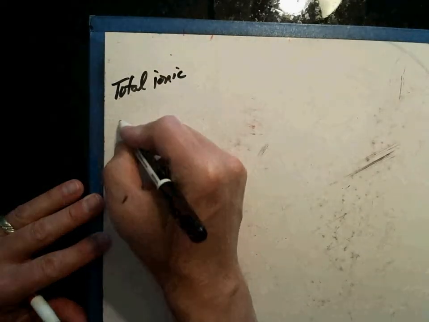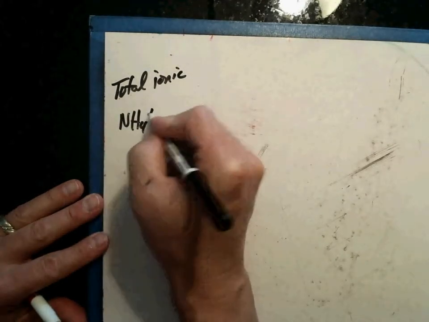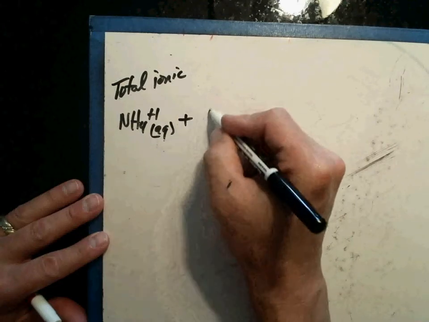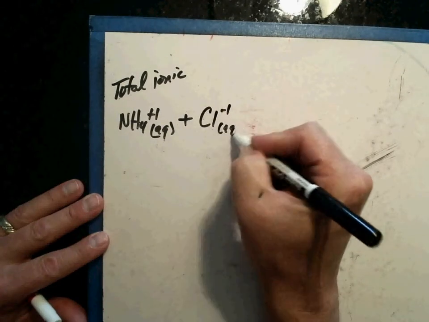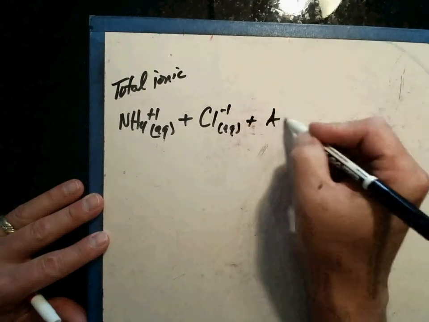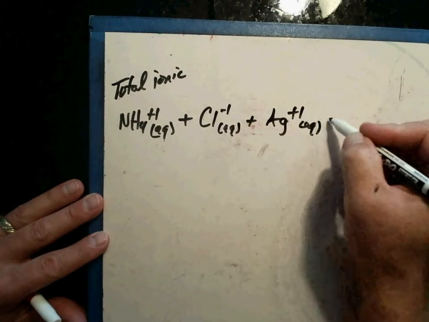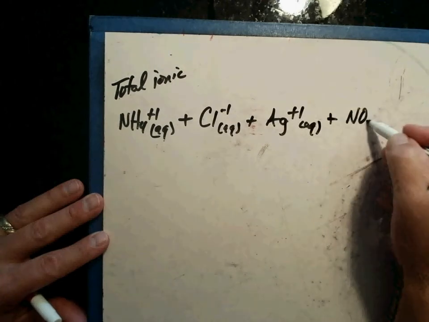Okay, and so it was NH4 plus 1 aqueous, and I just couldn't fit this on the paper, that's why I'm redoing it real quick. Aqueous plus Ag plus 1 aqueous. Now you're going to make a change in your notes here in a second, so watch carefully.